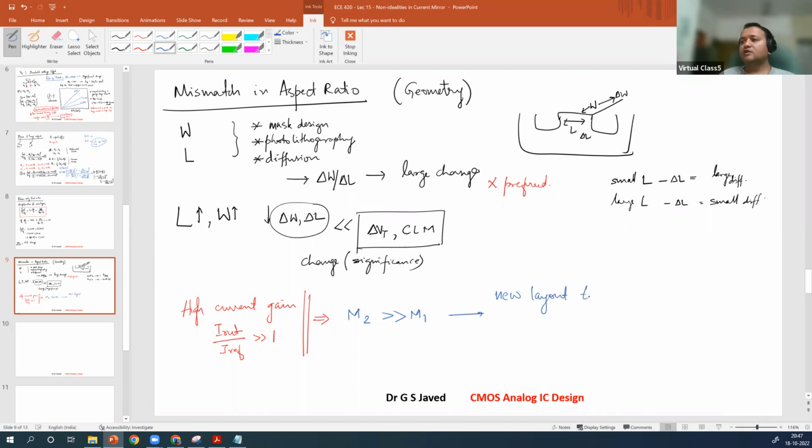Okay. So one of the most common layout techniques that it uses, if you have your M1 sitting here, then you surround the M1 with M2. So how many M2s you have? You get about 8 M2s.